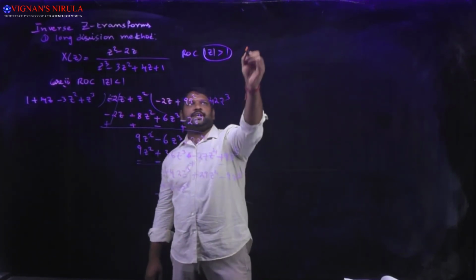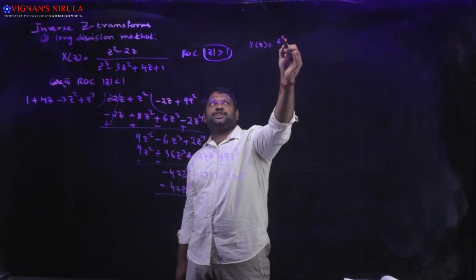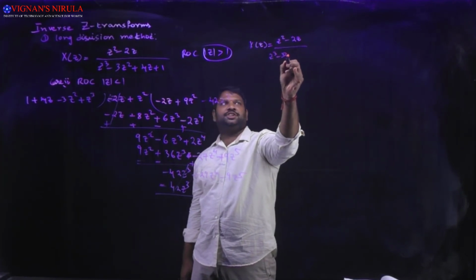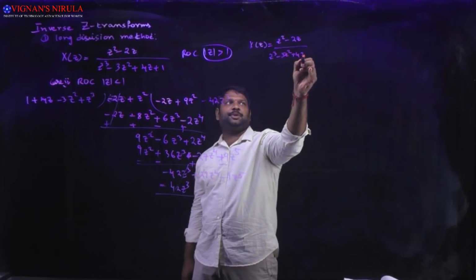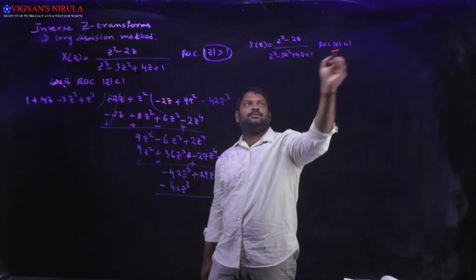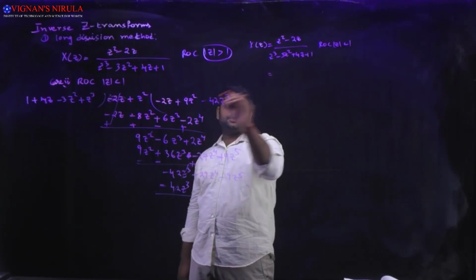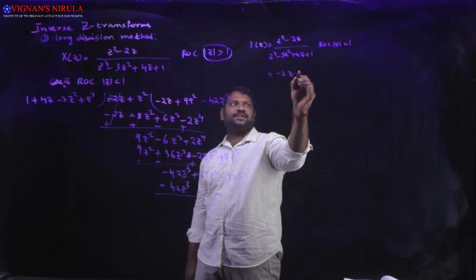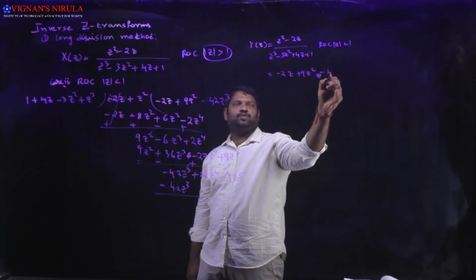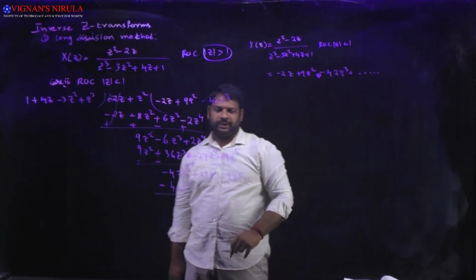Therefore, similarly the x of z will be written like this: z square minus 2z by z cube minus 3z square plus 4z plus 1, for the ROC as mod z less than 1. Then it will be written with our coefficients as minus 2z plus 9z square plus minus 42z cube plus and so on. Like this.